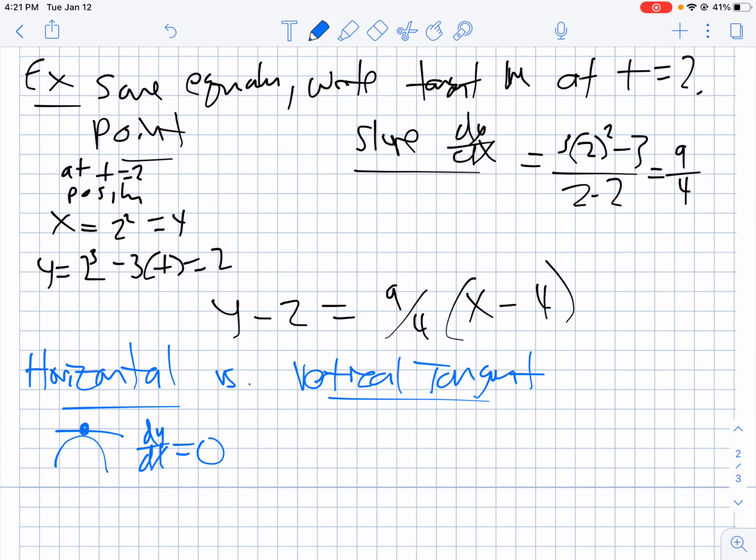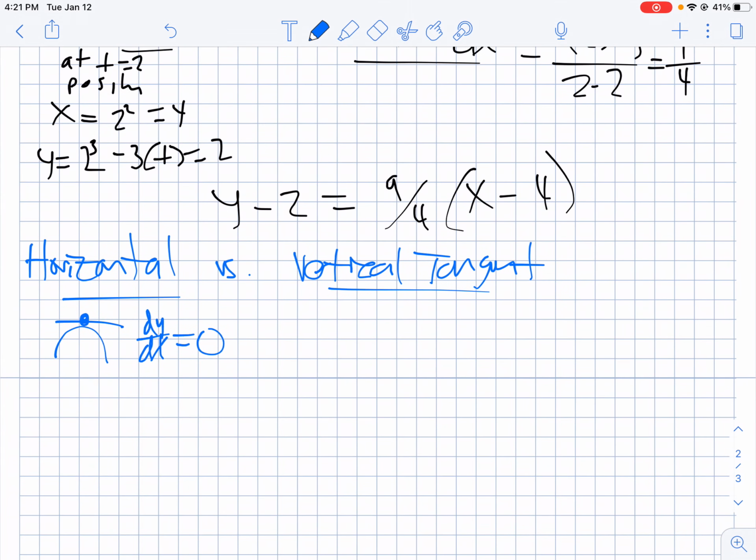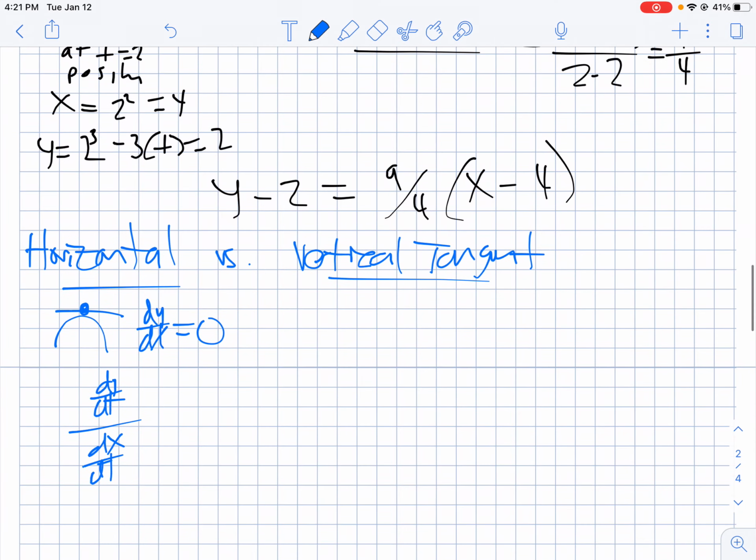In terms of parametric, that means dy/dt divided by dx/dt, because that's what your dy/dx is, is equal to 0. If you have a fraction equal to 0, that means the top is equal to 0. That means dy/dt is equal to 0, which makes sense, because at that one point the y is not changing. As you go around that curve, the x is changing, but the y itself is not changing.